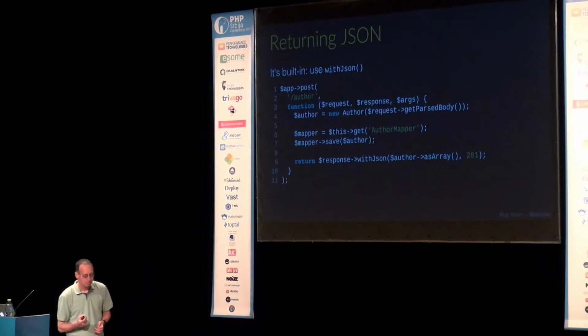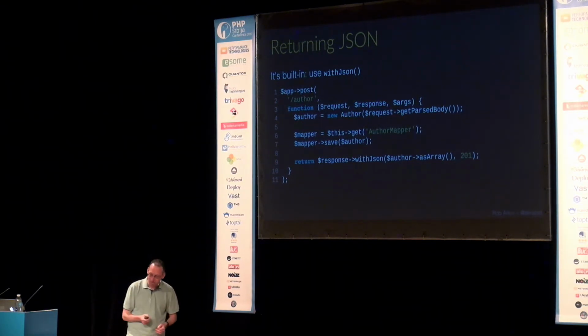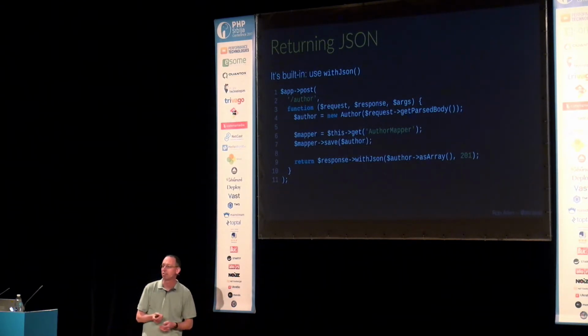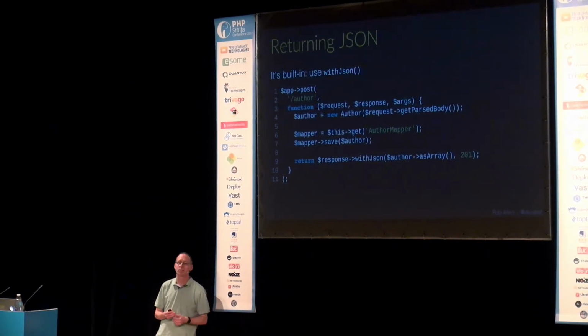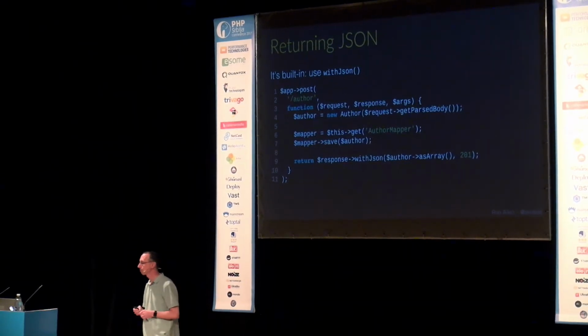Built into Slim, there's a method called withJson on the response object, so sending back JSON is trivial, because it turns out that we all do it a lot. It's by far the current lingua franca of APIs. So given your data array, respond with JSON, and you'll get the JSON formatted data with the correct header in the response object going back to the application.